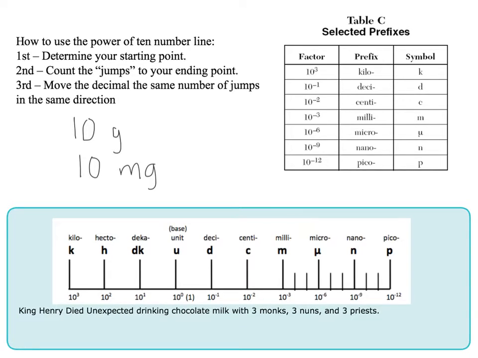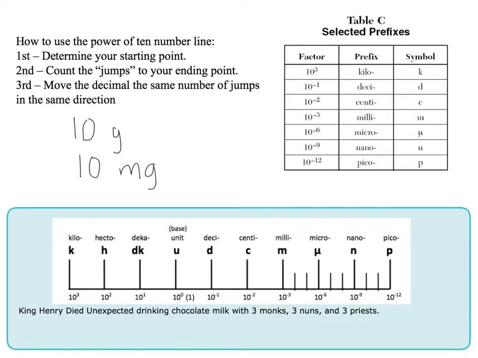For instance, here we have two masses. We know that these are both masses, as indicated by the suffix for grams. But these are very different masses, as one mass has no prefix, no power of 10, the grams, versus the other mass, the milligram, has a power of 10 that matches 10 to the negative 3.